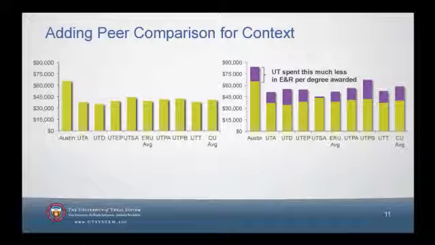Well, that's not something an administrator can necessarily use to make a decision about policy. But on the right-hand side, we added our peers. We asked how much our peers spent to produce a degree. So now you have a comparison, and you can say, okay, compared to our peers, it cost us this much less to produce a degree.